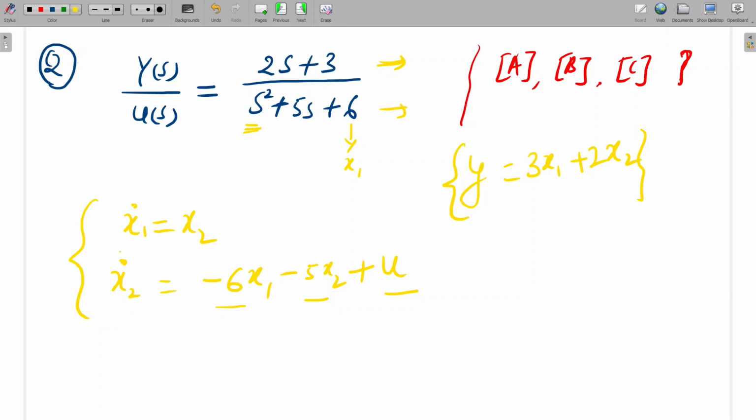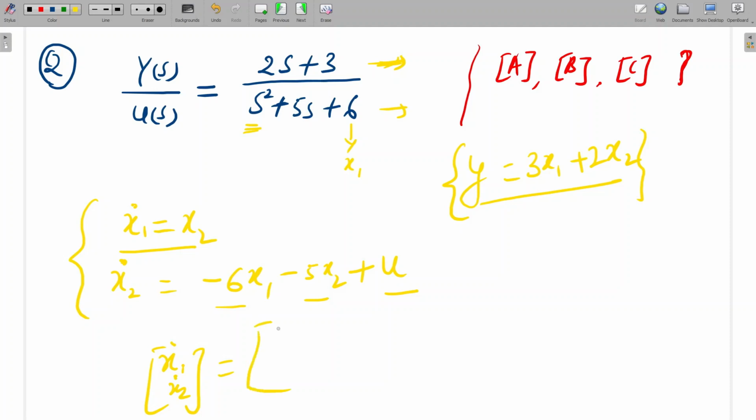Is it clear up to now? So this represents y. So y will be equal to 3x1 plus 2x2. So the constant is x1. So I'm going to write the equation x dot is equal to Ax.